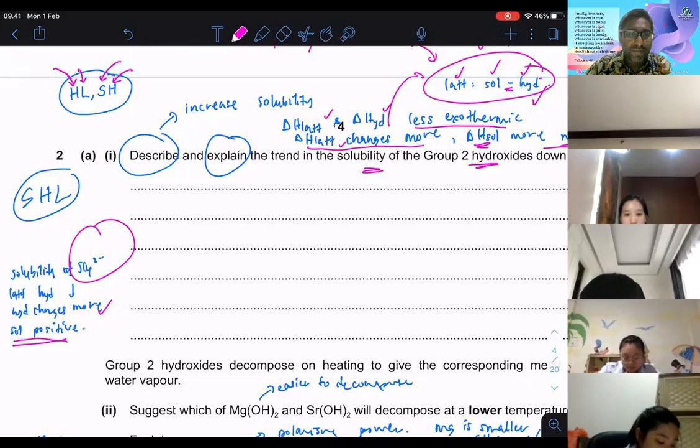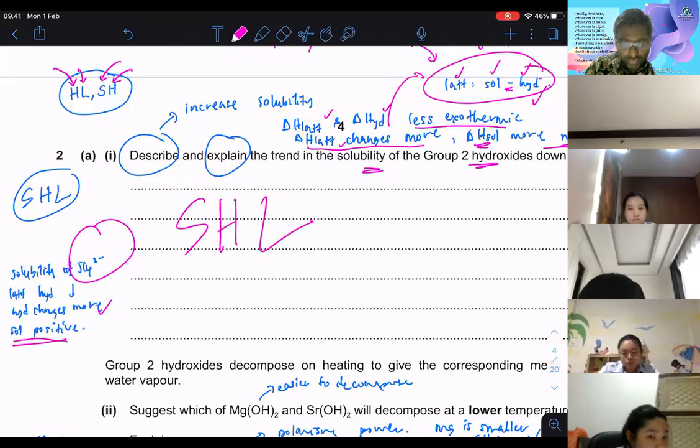I came up with this simple SHL. If you have sulfate, hydration changes more.